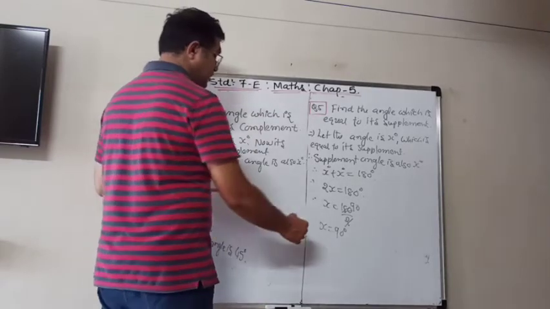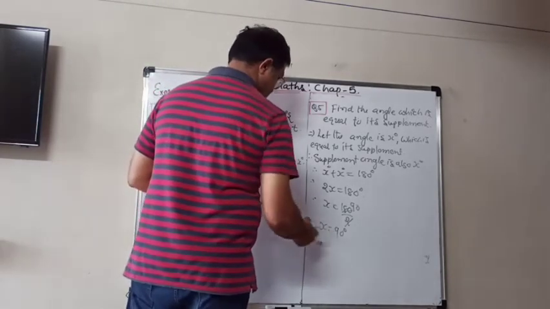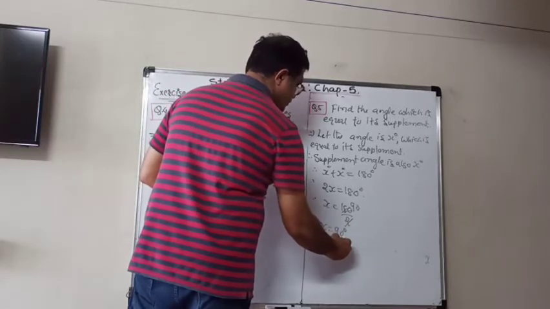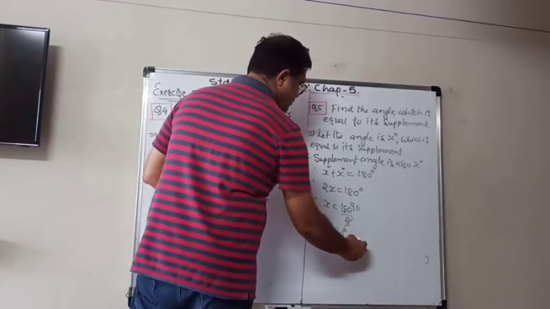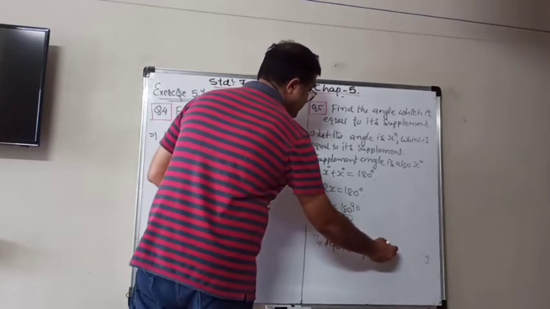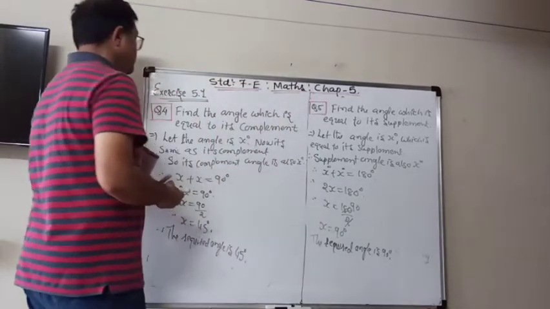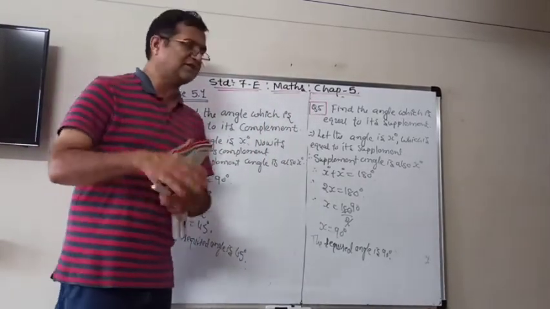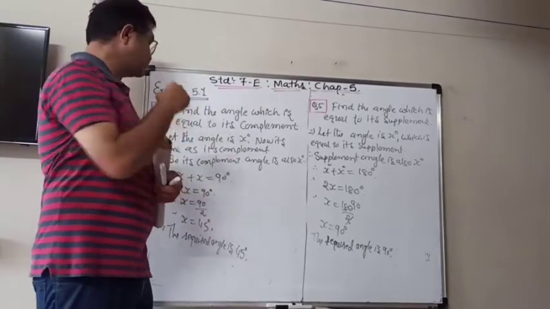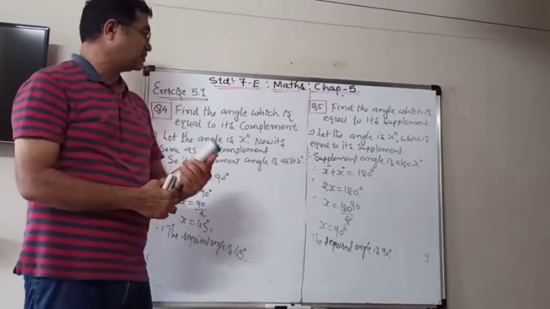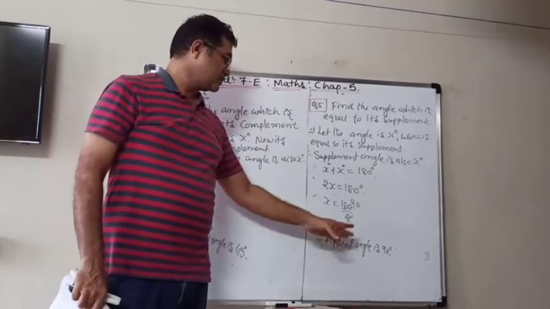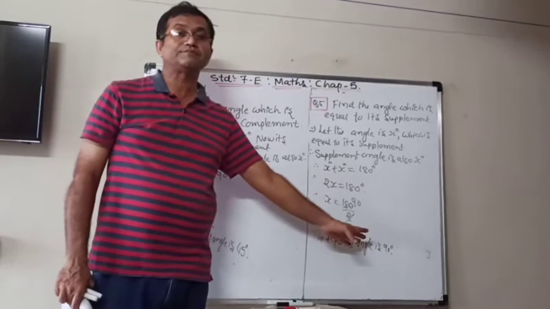It means that the required angle is 90 degree. So here they ask us for the complement and the angles are equal. So we get that as 45 degree because x plus x is 90, and here we get x plus x is 180. So we get the answer as 90 degree.